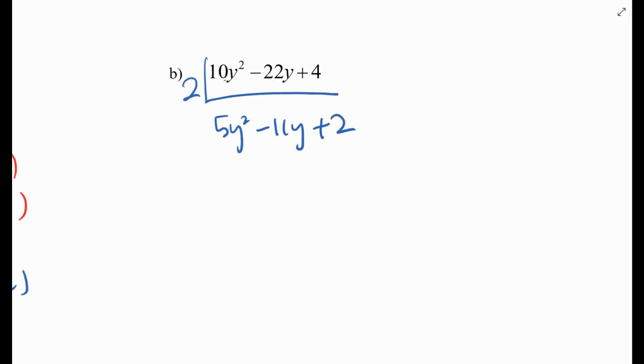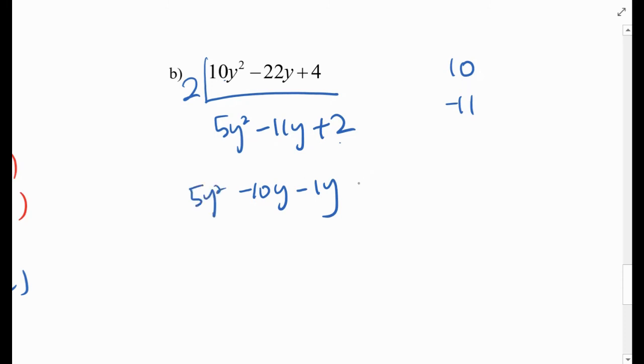So you're going to find numbers that multiply to 5 times 2, which is 10, and add to negative 11. So I'm going to choose negative 10 and negative 1, right? Negative 11y becomes negative 10y minus 1y.